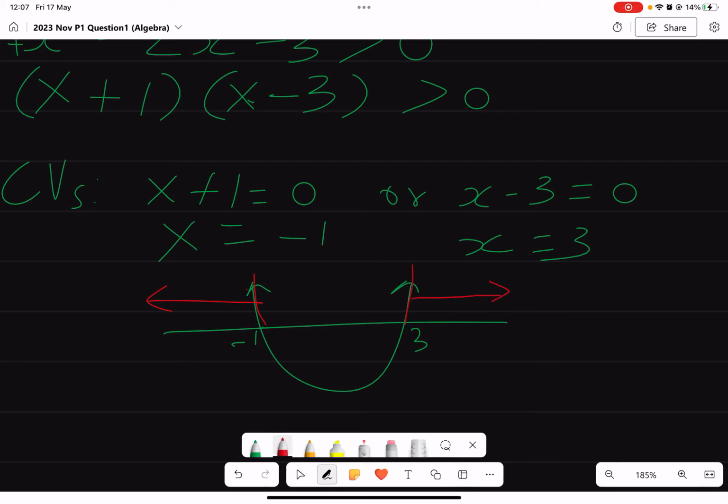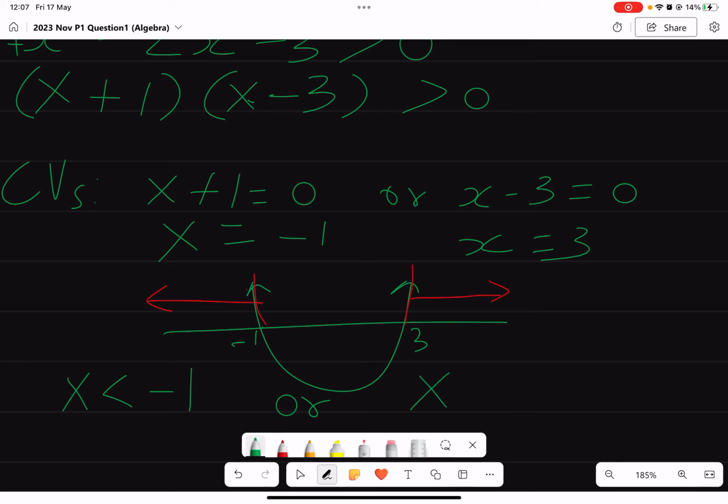All right. So now my answers are going to be, okay, x. As I go to the left, am I getting bigger or smaller? I'm getting smaller, I'm reducing because I'm going to the left. So x will be less than -1. Then you always have to use or. Don't say and. You must say or.